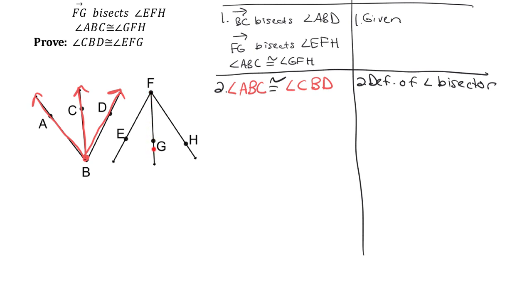So ray FG is going to bisect angle EFH. So again, this ray is cutting in half this angle. So we have two angles now that we can say are congruent using the definition of an angle bisector. So the angle on the left would be EFG. So angle EFG is congruent to the angle on the right, which is GFH.